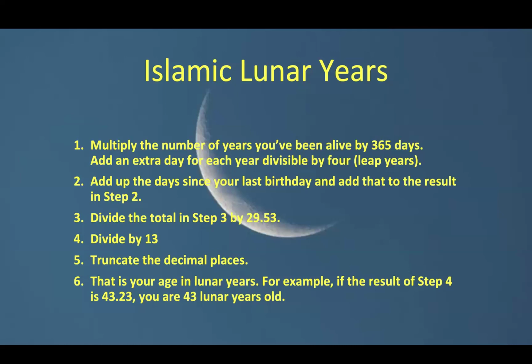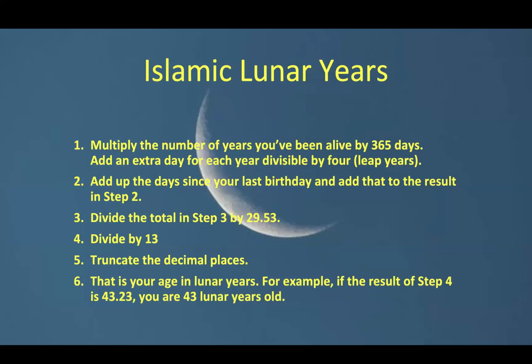Way out. Let's try this again. I'll do it again. Take your age times 365. For every 4 years you have to add a leap year, but it can't be the last one you've just done. For each year divisible by 4, if it can be divisible by 4, then you add that extra day in.